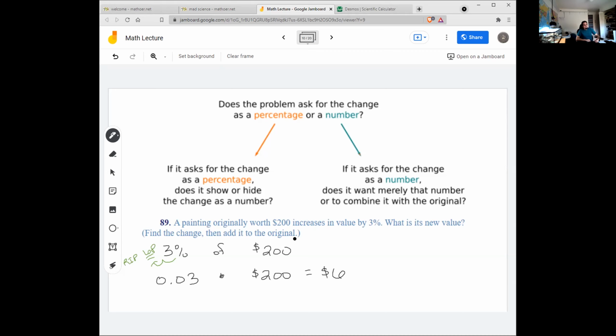So do they want that $6 as the answer? The question could have asked, how much did it change in value? But this time they want me to combine it. They want, what is the new value? I have to take the original 200, which hasn't gone away, and add the 6 to get 206.